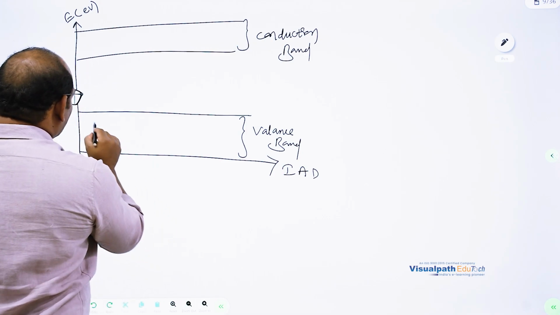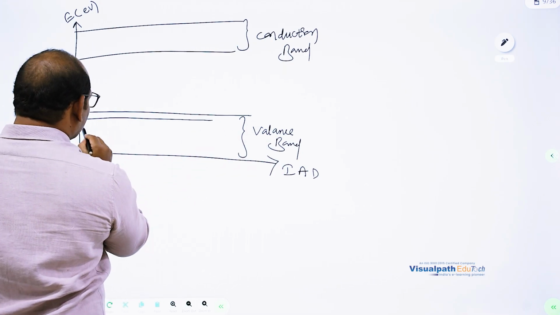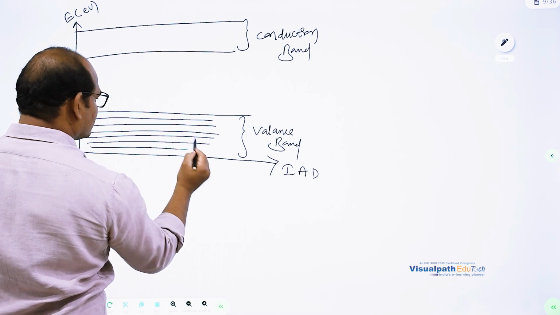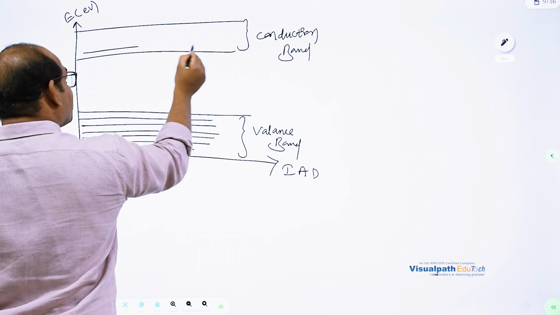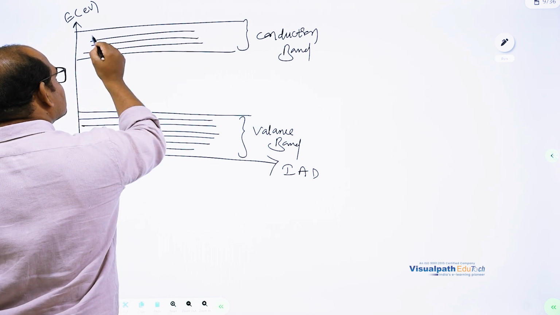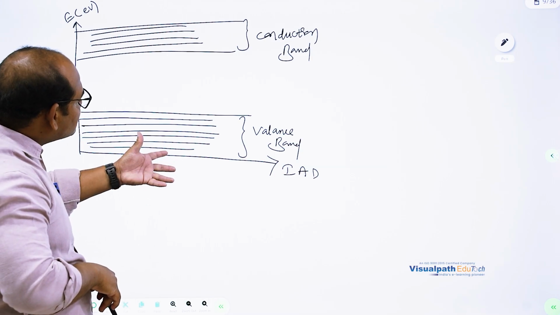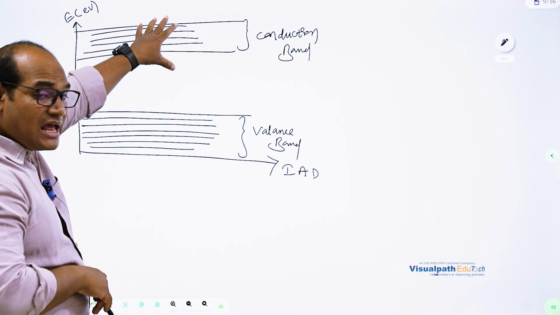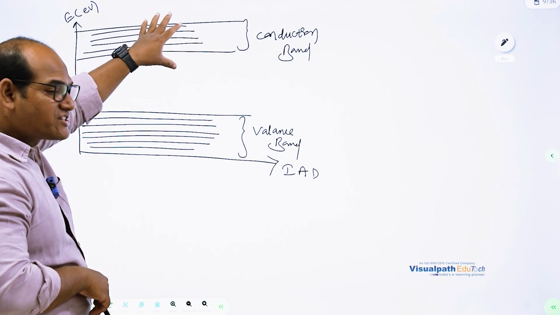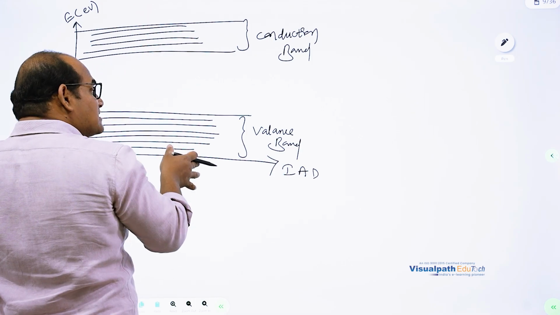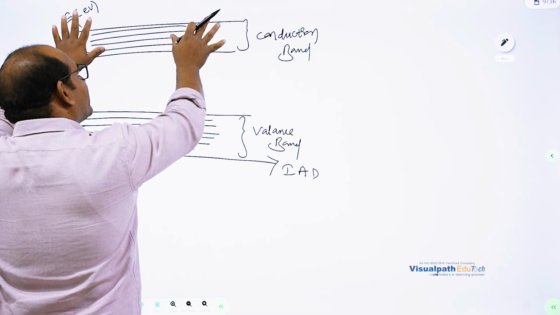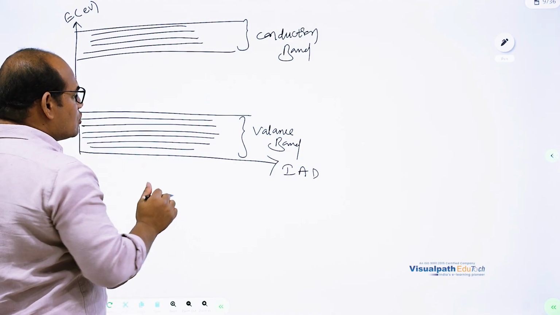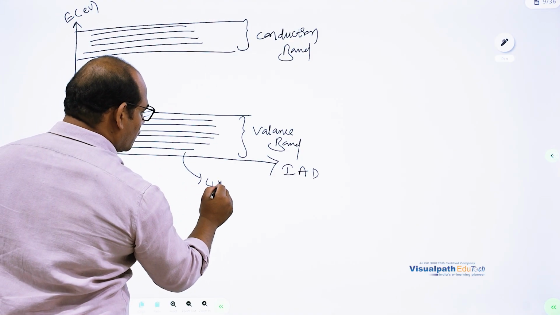Okay. So here a band is nothing but a group of energy levels only. Here so many energy levels are there. And here also the same number of energy levels will be available, because when you excite all the electrons which are available in the 4n energy levels, all these 4n electrons will go to the upper level, that is called the conduction band. So here how many energy levels are there? The same number of electrons should occupy here also. That means the same number of energy levels should be here also. So we can tell these are 4n levels.